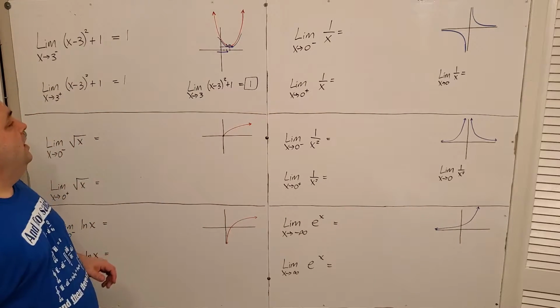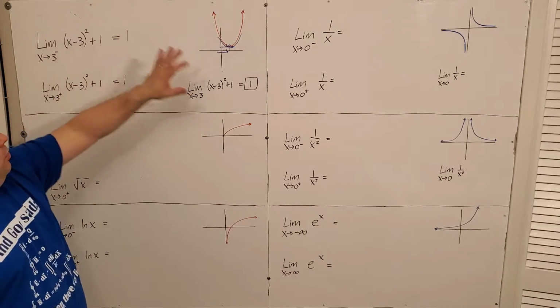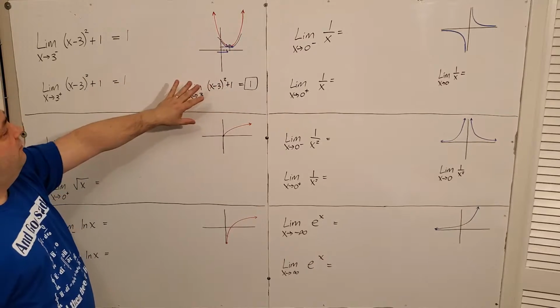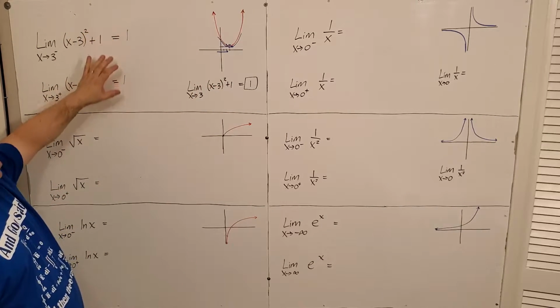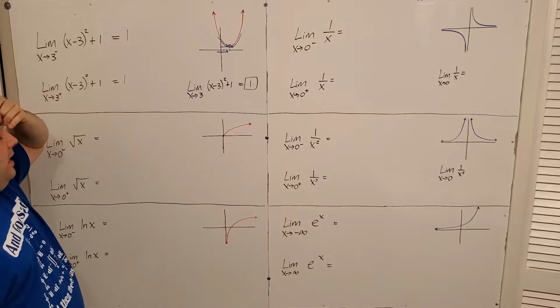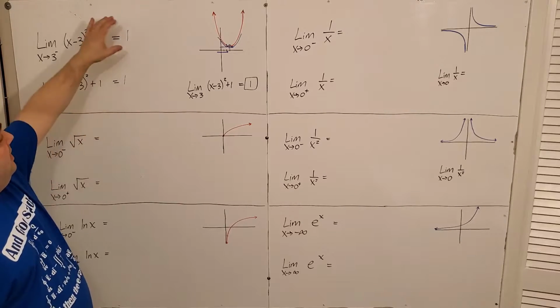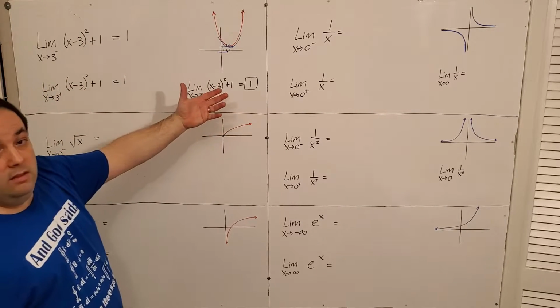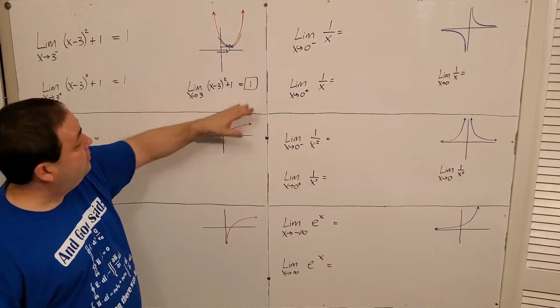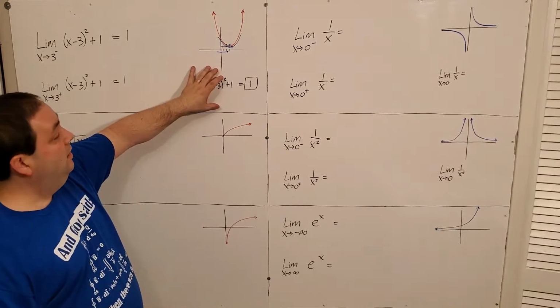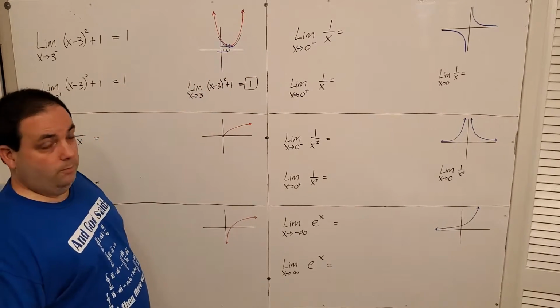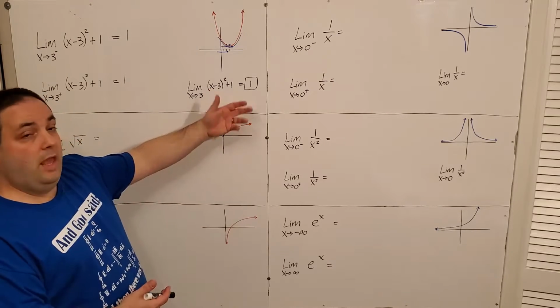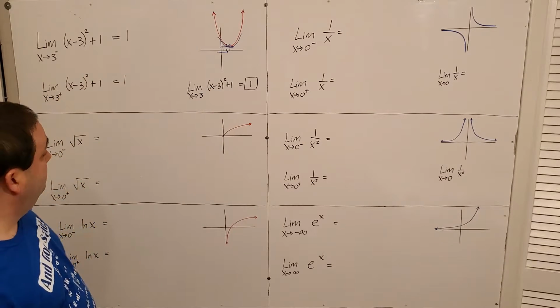Now, sometimes I'll get a limit that's undefined, but that doesn't mean I can't talk about the individual ones. In this case, since they both agree and I can get the full limit, this is the one I'll generally talk about, because this being that one means they're both that anyway.